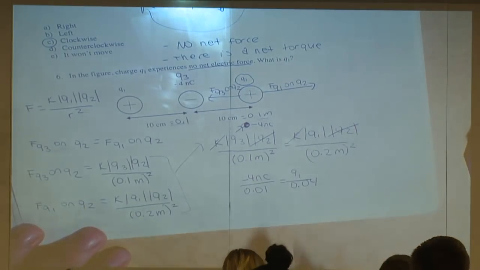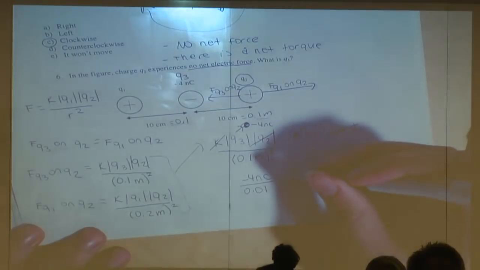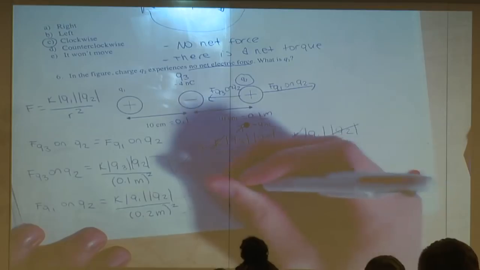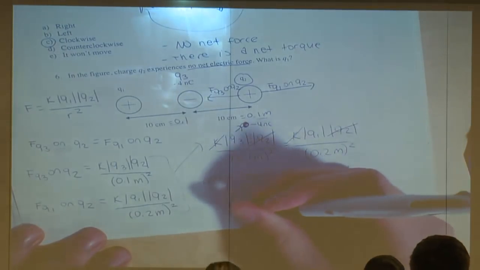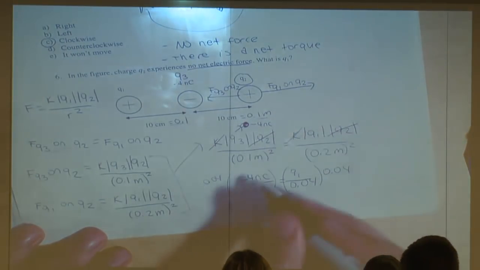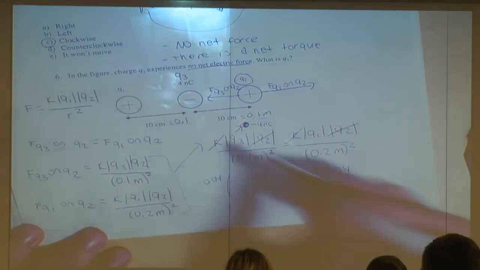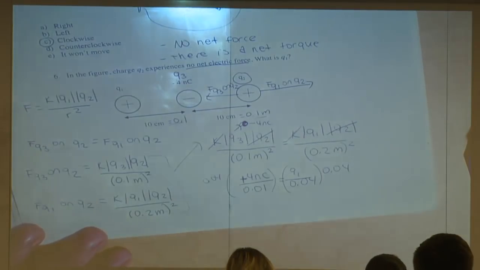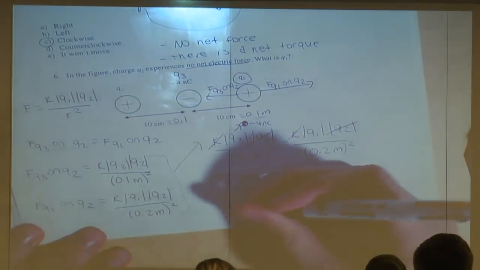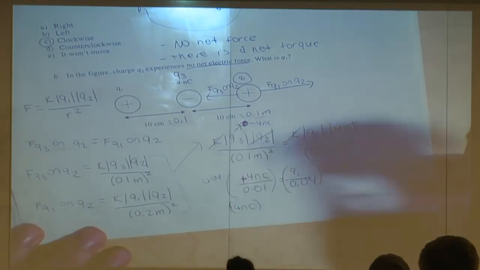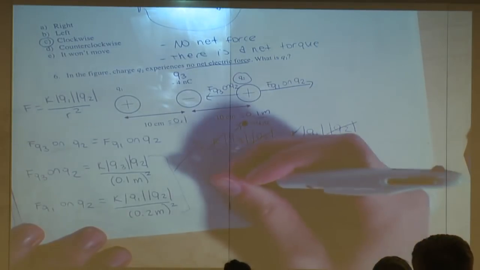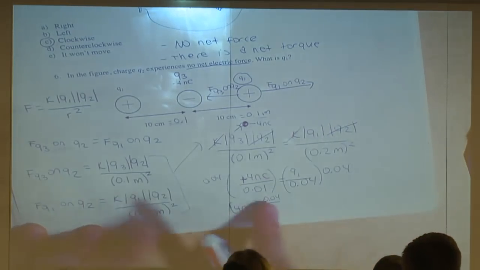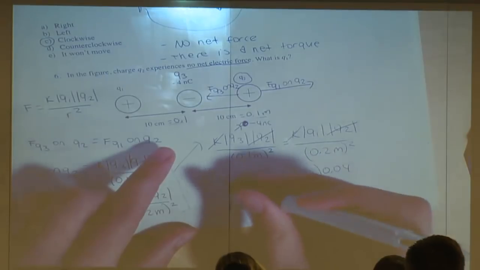Okay, so now we want to isolate Q1. So we're going to multiply both sides by 0.04. Ignore this negative sign because remember it's absolute value. Sorry about that. It's going to be positive because the absolute value of a negative number is positive. So it's going to be 4 nanocoulombs times 0.04 over the 0.01 that you already have on the bottom.